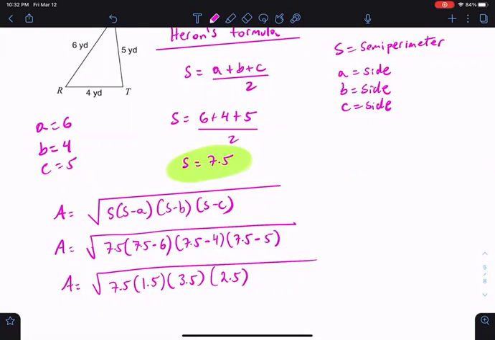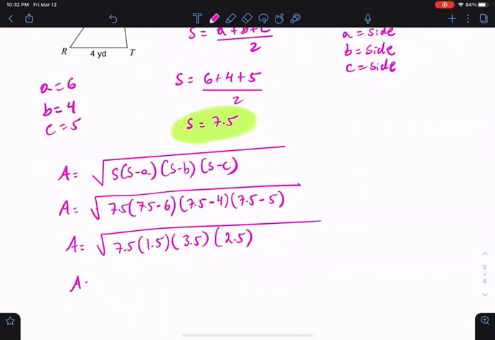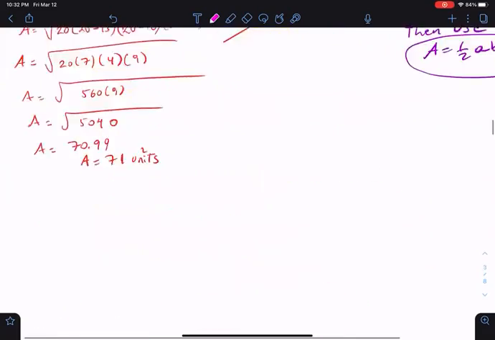And then if you calculate this, you get your answer. You can put it in your calculator, you can convert into fractions, you can do whatever you want. 7.5 times 1.5 times 3.5 times 2.5, the square root of that. You should get something about 9 point something. I think they said round to the nearest tenth, let me see what they said in the instruction.